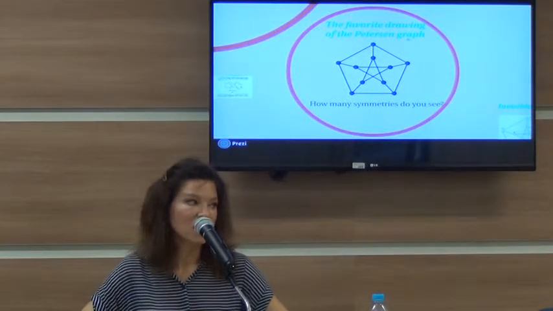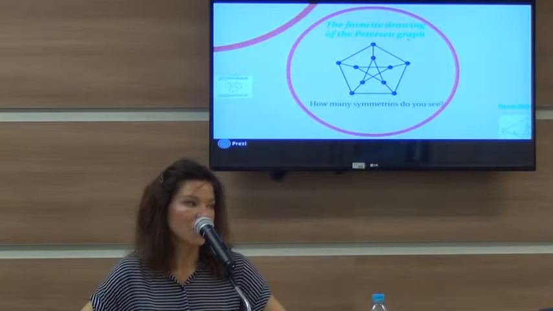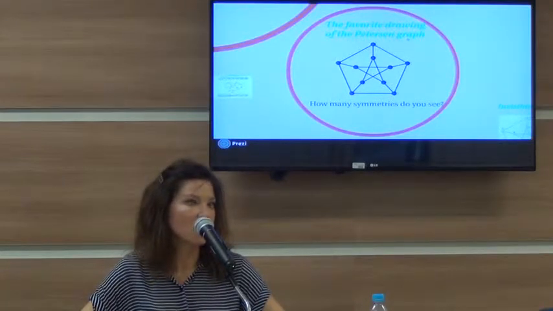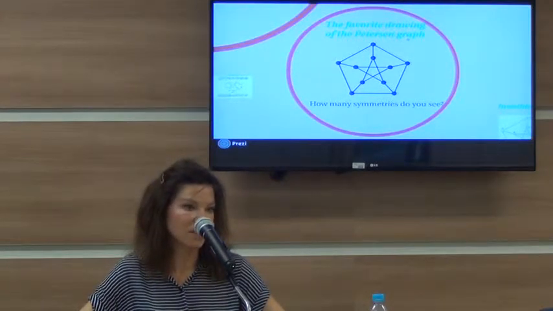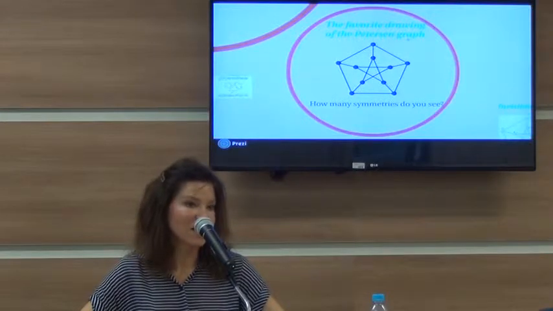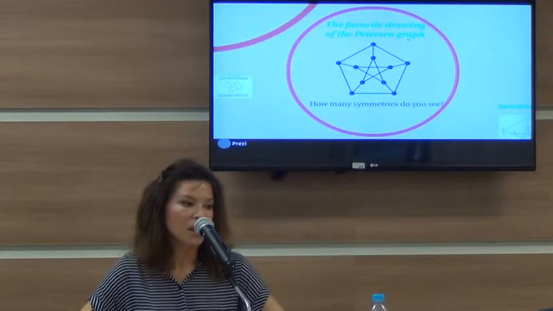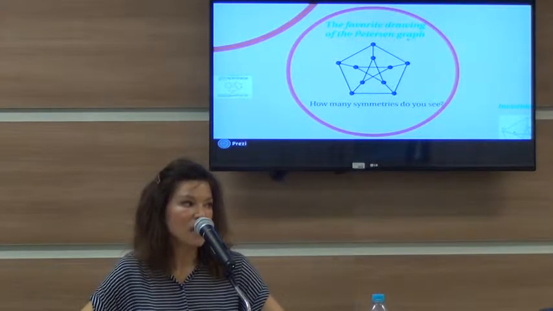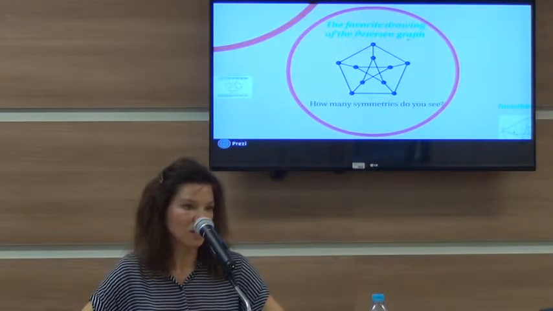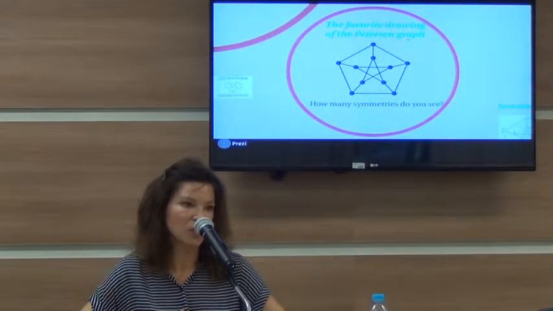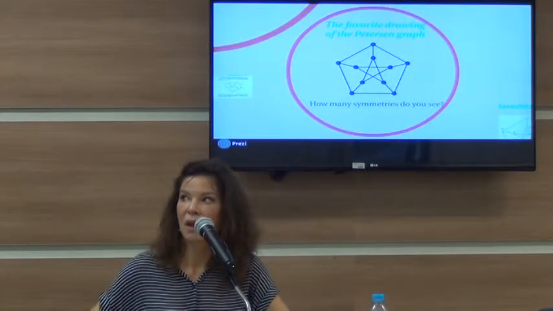And in fact, this is the maximum you can visualize in one drawing of a Petersen graph. It's a mathematical fact that this drawing is maximally symmetric drawing, and 10 symmetries is maximal you can depict in one drawing of the Petersen graph.